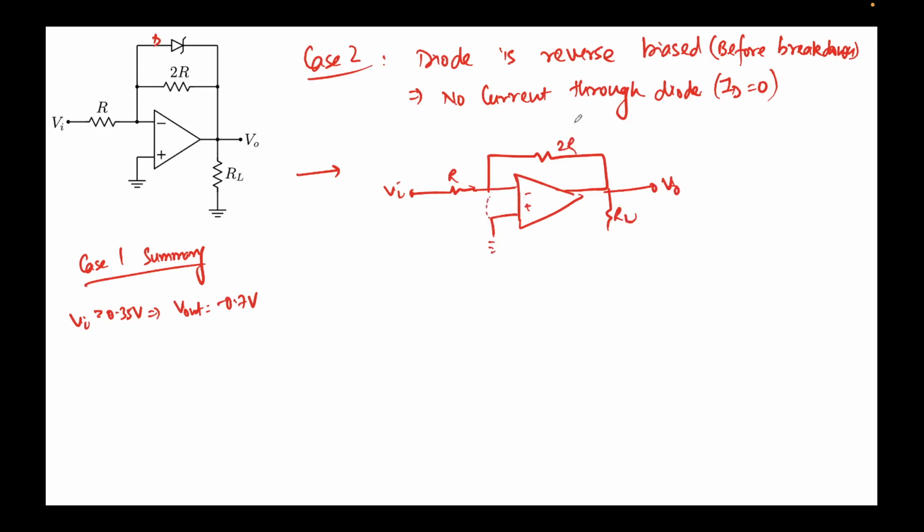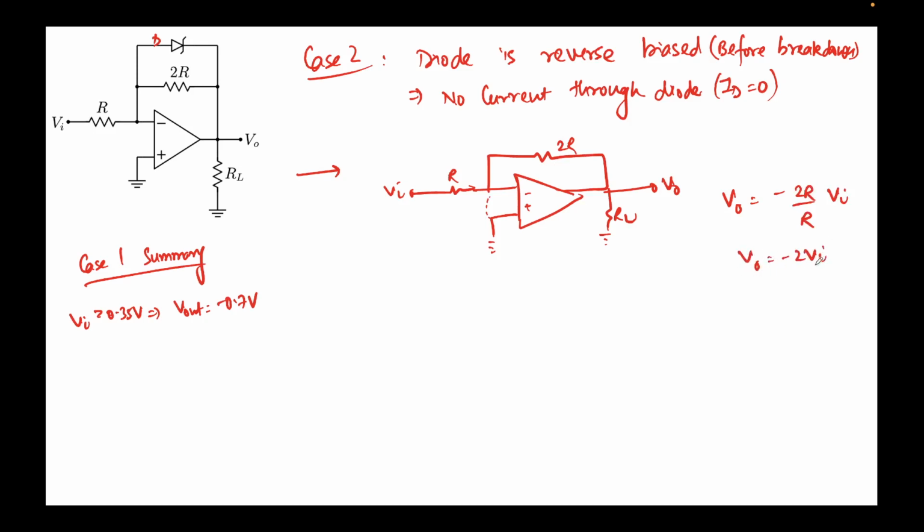Okay, so if there's no current flowing through here, now you can quickly see that this is the typical inverting amplifier that we see, and we know the result for such an amplifier: the output and input relation is given by V0 equal to minus RF by R. RF is the feedback resistor, so that's 2R over the input resistor, that is R, times VI. So I can say V0 equal to minus 2 VI.